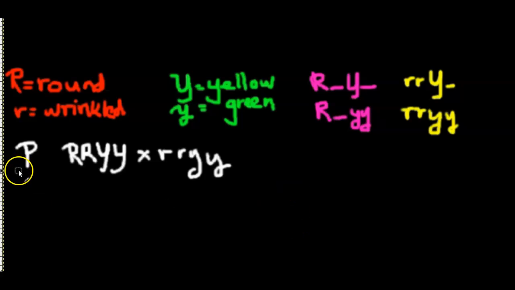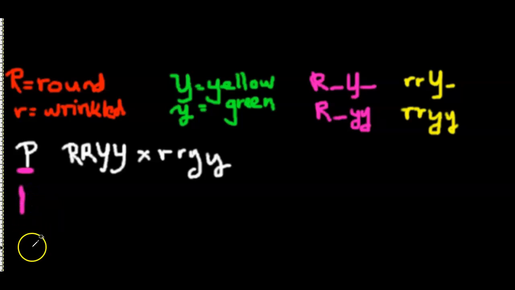The parents, in this case, they're going to be homozygous. One is homozygous dominant for both traits, the other one is homozygous recessive for both traits. So let's look at the F1s.